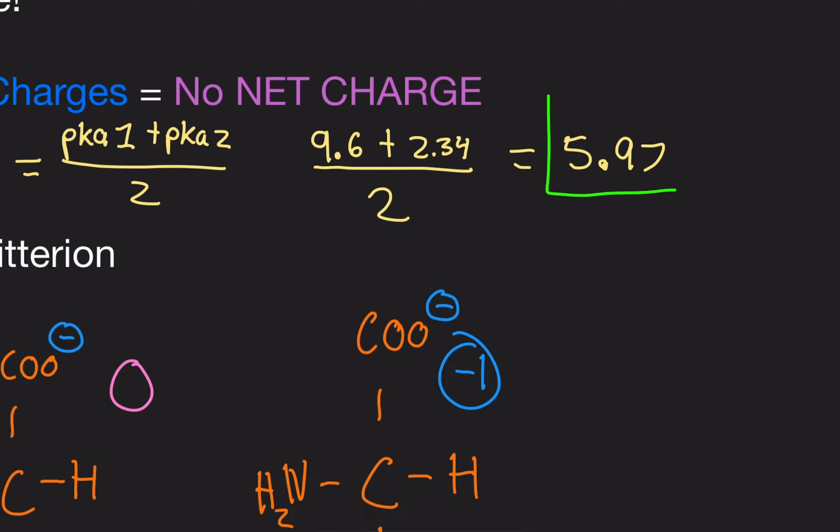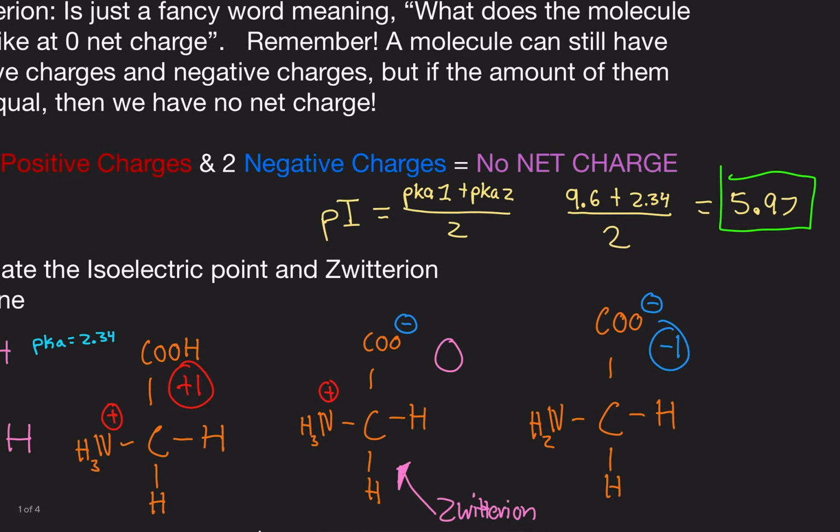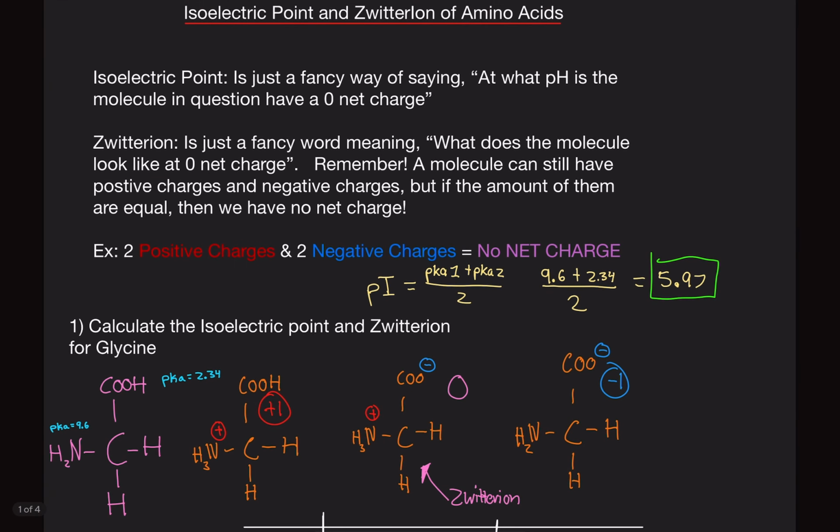And this is the isoelectric point, 5.97. That's the pH at which you'll find the Zwitter ion, the molecule at 0 net charge. So at 5.97 is exactly the point where you will see the Zwitter ion show up in a solution.